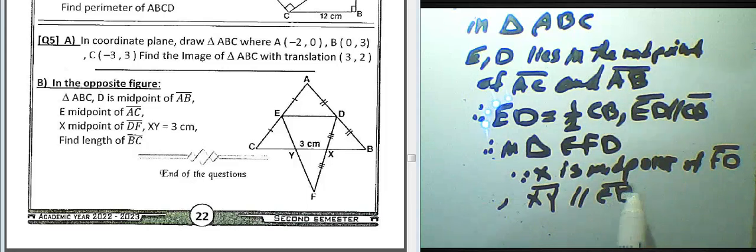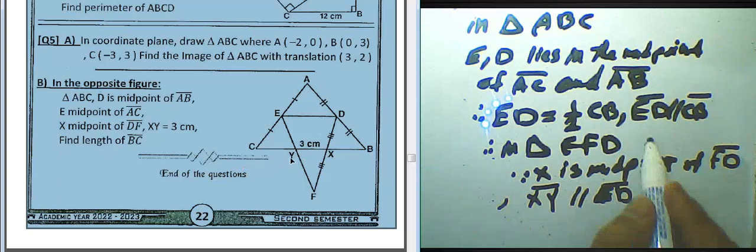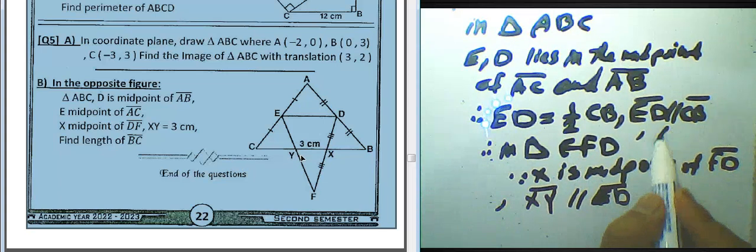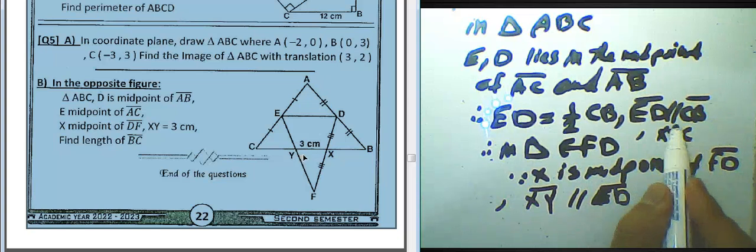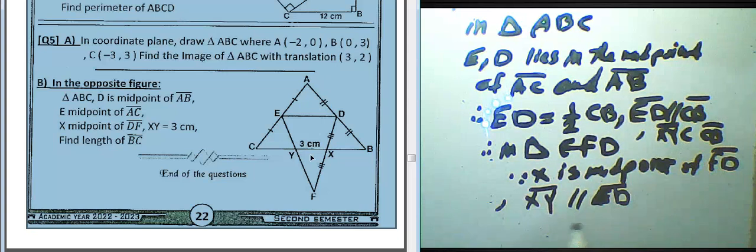Why? Because we prove ED is parallel to CB and Y and X belong to CB, then ED will be parallel to XY. Okay, again we prove that ED is parallel to CB and XY is a line segment subset of CB, then XY is parallel to ED. Okay, similar to ED.